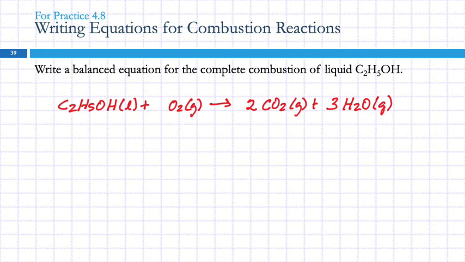Now there's oxygen in everything here, right? So let's be careful. I have 1 oxygen there, and I have 2 oxygens here, but I can multiply that by something. How many oxygens in this guy? 4. And in 3 water molecules? 3. So 4 plus 3 is 7.